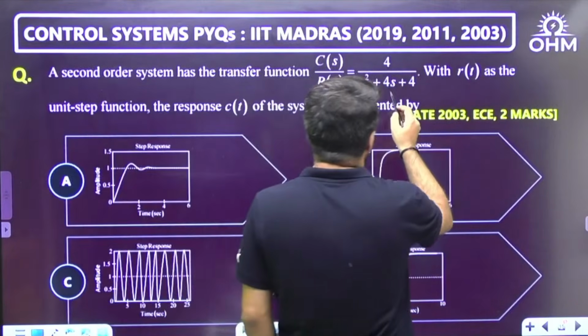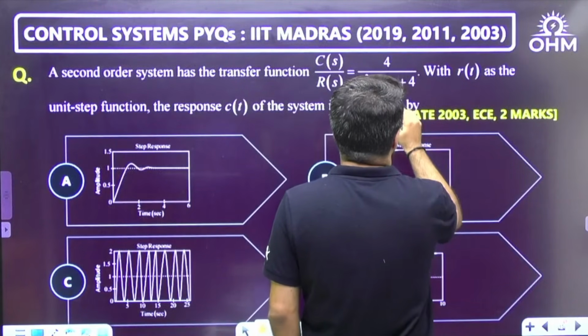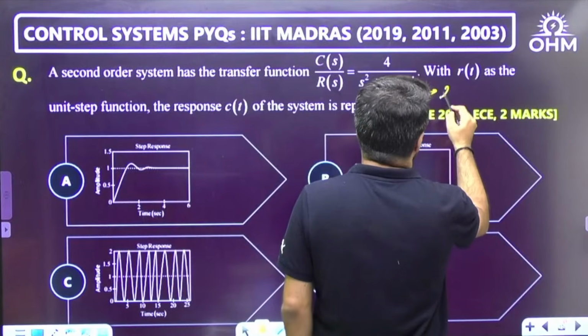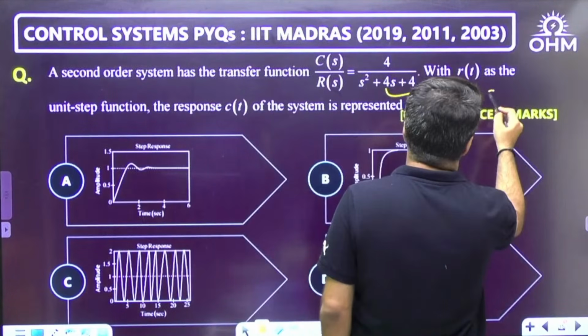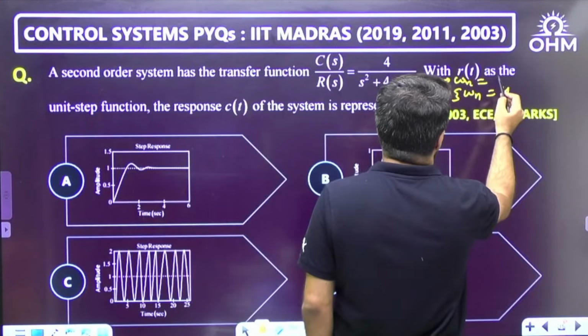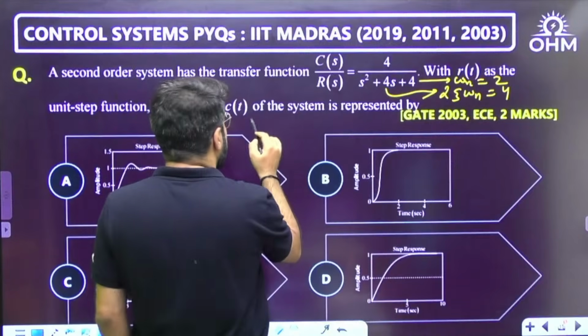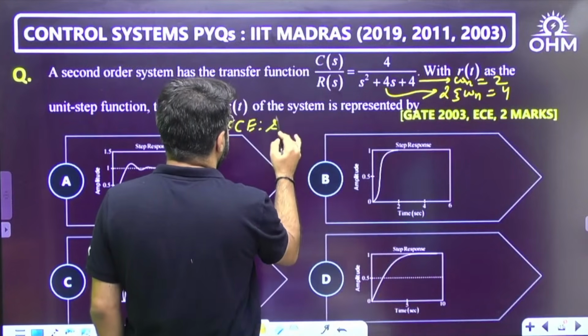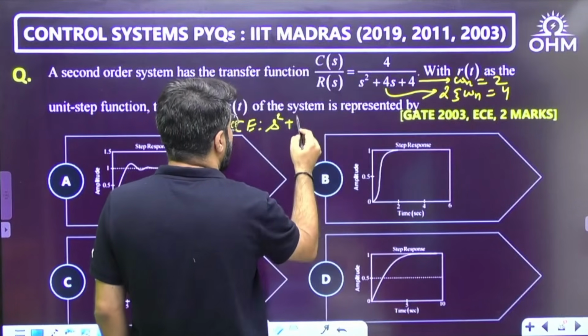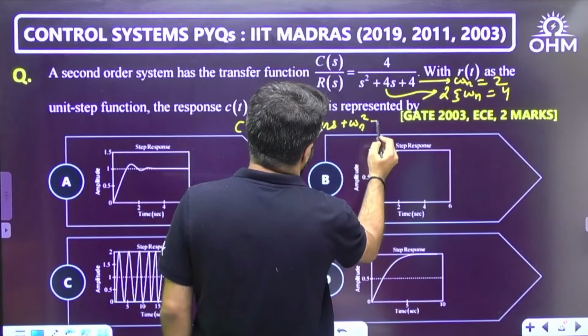You can just clearly note what the value of zeta is from here. This is 2 zeta omega n, which is equal to 4. At the same time, omega n will be 2 because this is omega n square. For a second order system, compare with the standard characteristic equation, this denominator part: S square plus 2 zeta omega n s plus omega n square equal to 0.